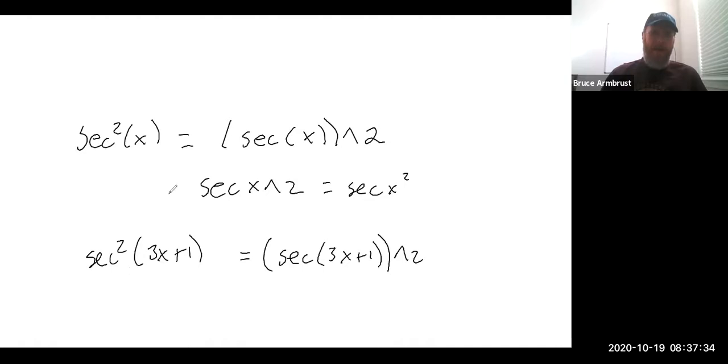The other thing is you can always preview your answer. They always show you what it looks like. Make sure that any powers and whatnot are not being applied to just what's inside the trig function, because that's going to be significantly different. So hopefully that makes a little more sense in terms of entering those things.